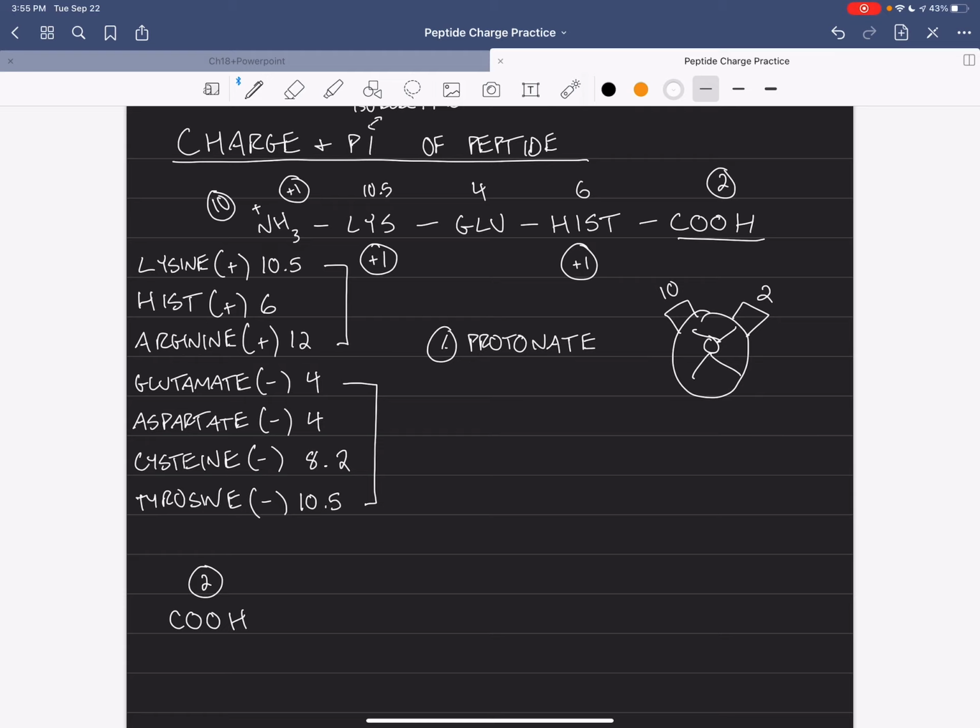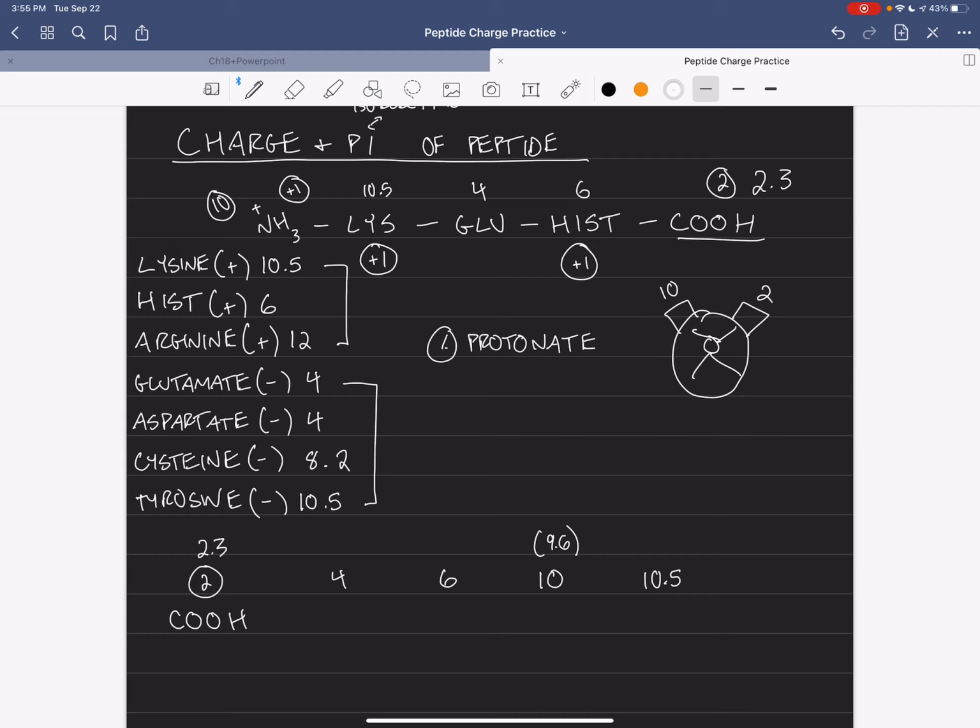So we have a 2, we have a 4, we have a 6, we have a 10, we have a 10.5. Now this exactly is 9.6, and this exactly is 2.3 if we really want to be specific, but approximate numbers should be fine here. And then we have our histidine. No, I think we're good. 1, 2, 3, 4, 5. So we have 5 numbers here.